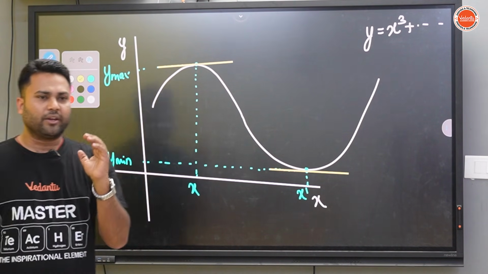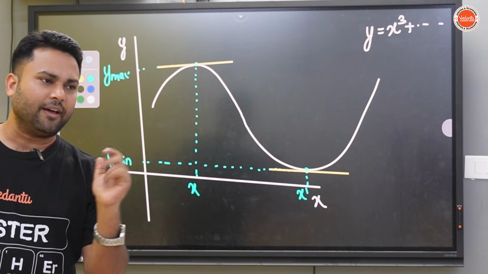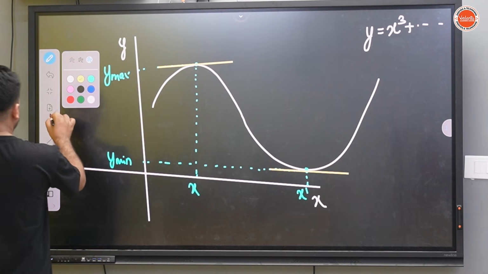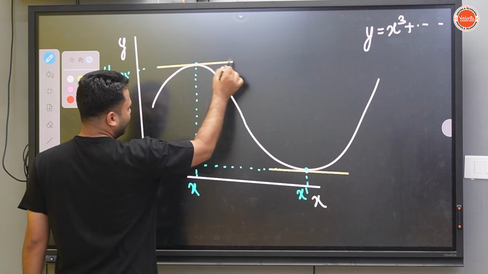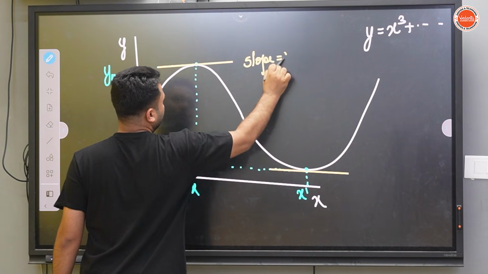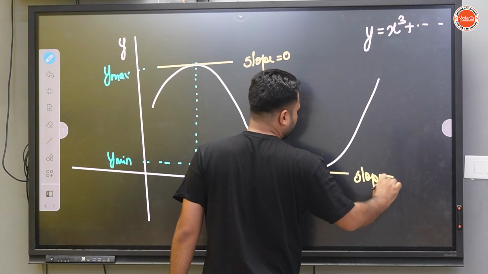So whenever you get maxima and minima cases, maxima value, minima value, always remember that slope here is 0, and here also slope value is 0.